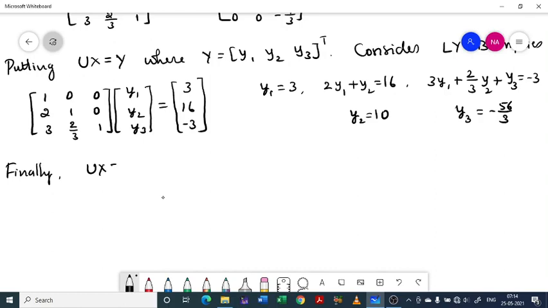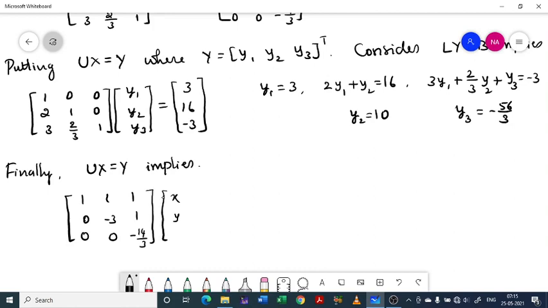Finally Ux equal to Y implies, what is U? U is 1 1 1, 0 minus 3 1, 0 0 minus 14 by 3, times x y z, equal to, what is this?